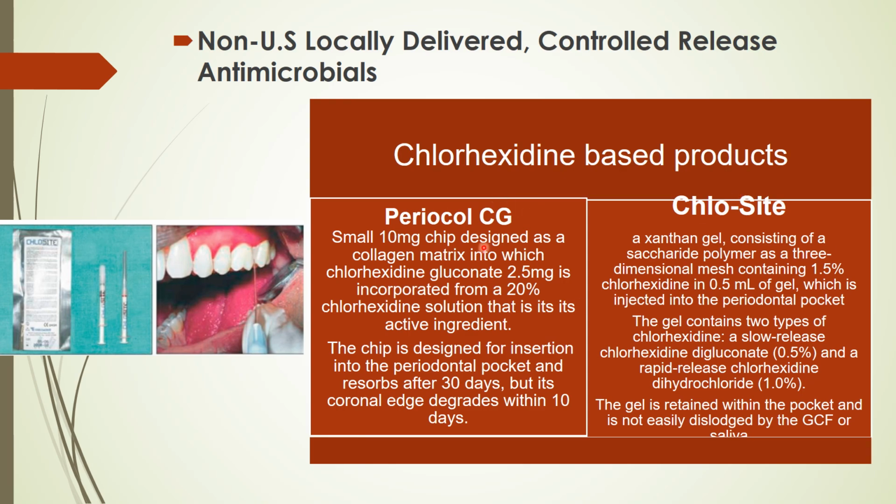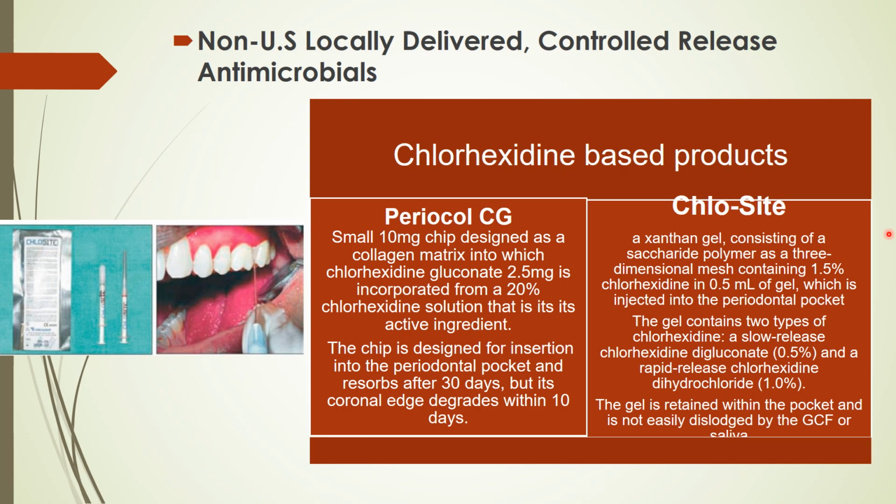Periocol CG is a chip, same as the chlorhexidine chip, designed as a collagen matrix into which chlorhexidine gluconate of 2.5 milligram is incorporated from a 20% chlorhexidine solution, that is its active ingredient. This chip is designed for insertion into the periodontal pocket and resorbs after 30 days, but its coronal edge will degrade within 10 days.